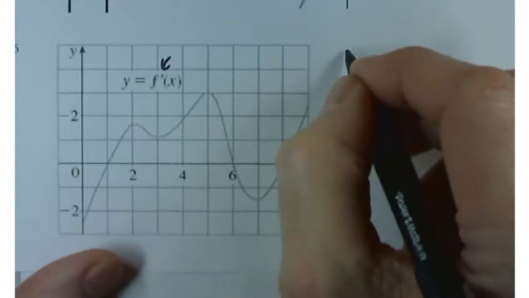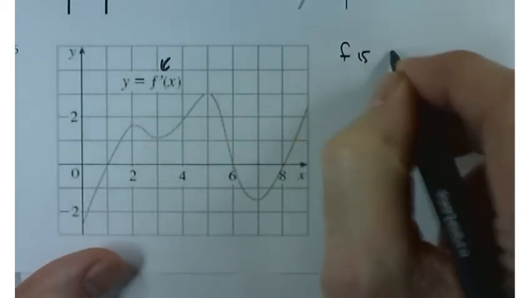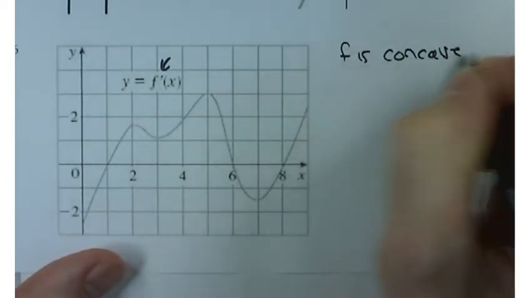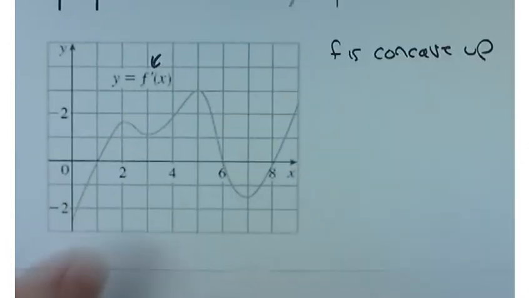So f is concave up. Well, what does it mean when f is concave up? What's true about the second derivative? It's greater than 0. Okay.